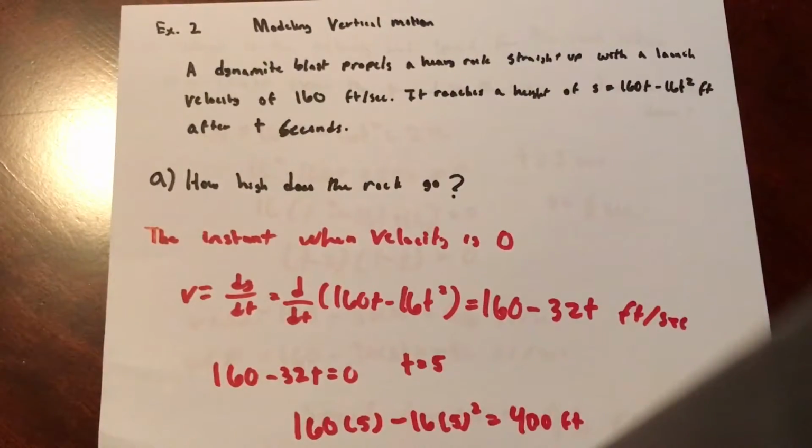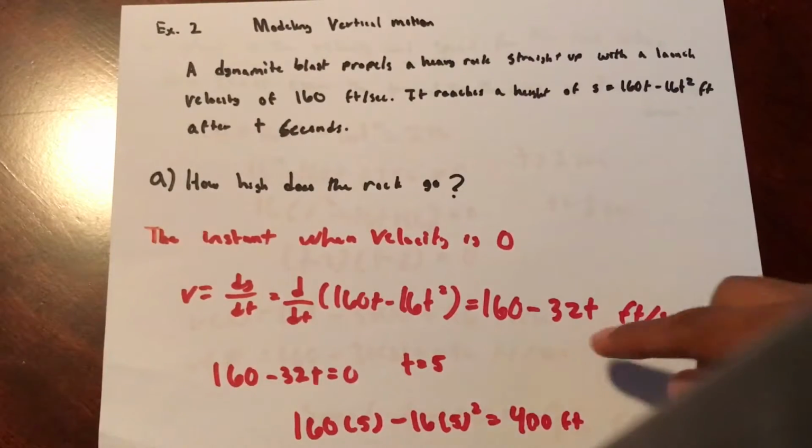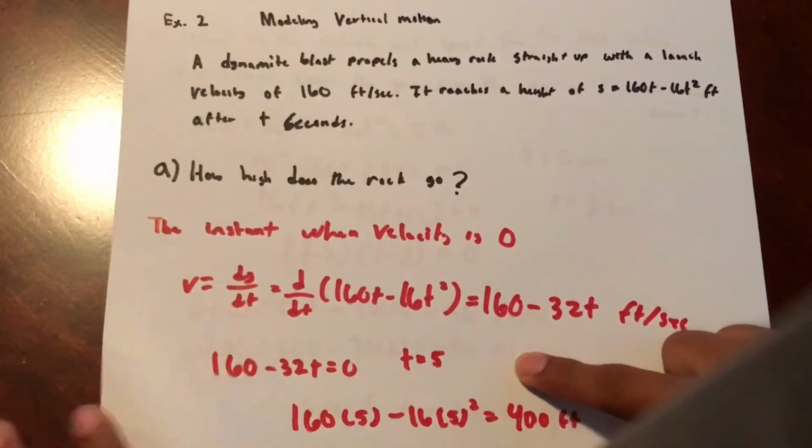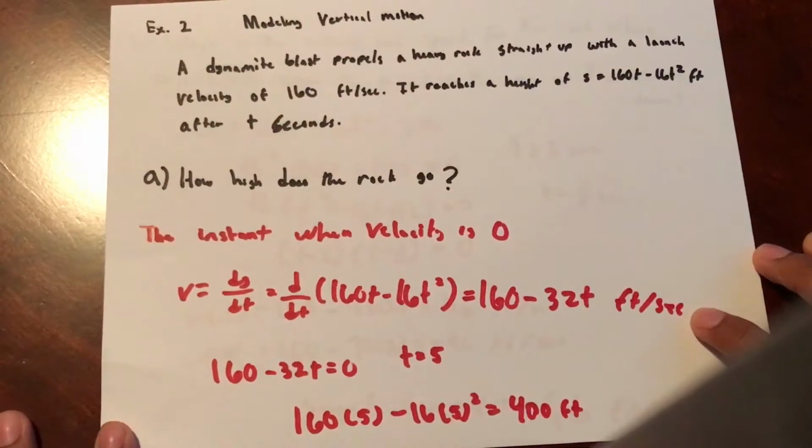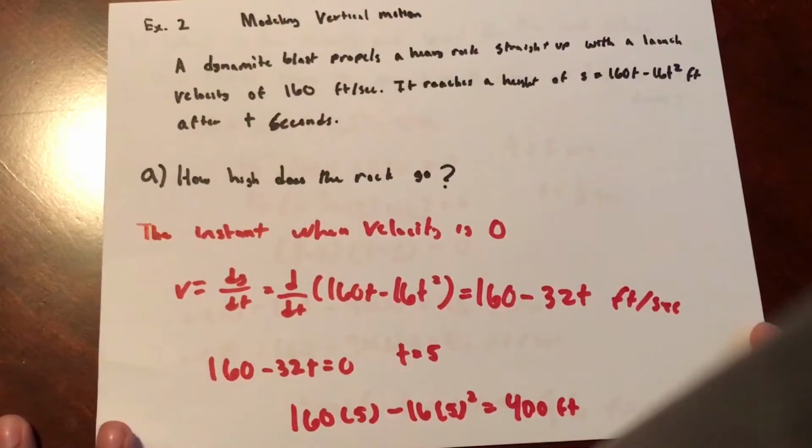So now that we have the time that velocity is 0, we plug 5 into the old equation. So we have 160 times 5 minus 16 times 5 squared, which is equal to 400 feet.